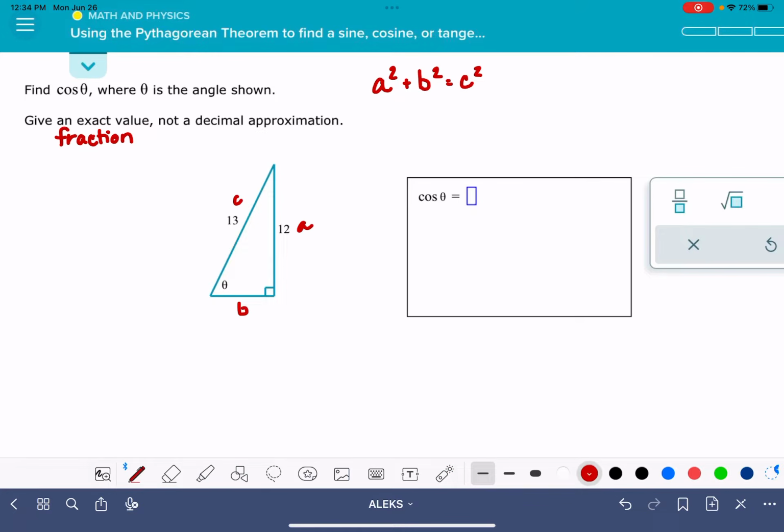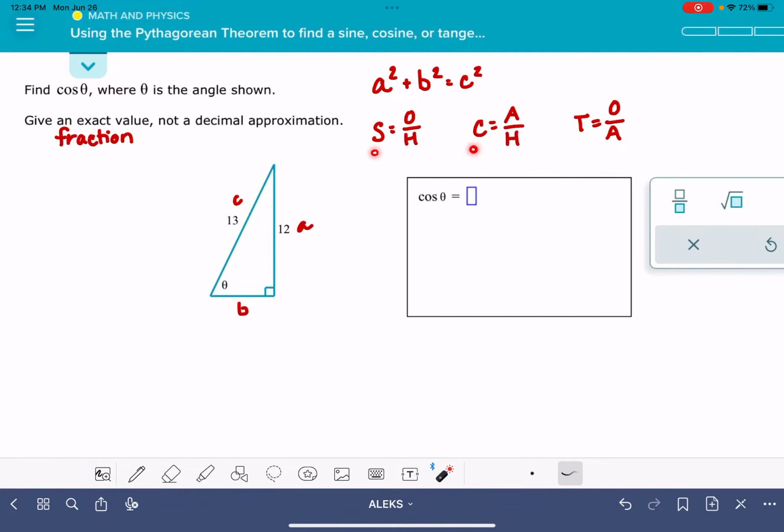The other thing that we're going to have to remember are the trigonometric relationships, SOHCAHTOA, which gives us the relationships between sine, cosine, tangent, and the opposite, adjacent, and hypotenuse sides on a triangle.